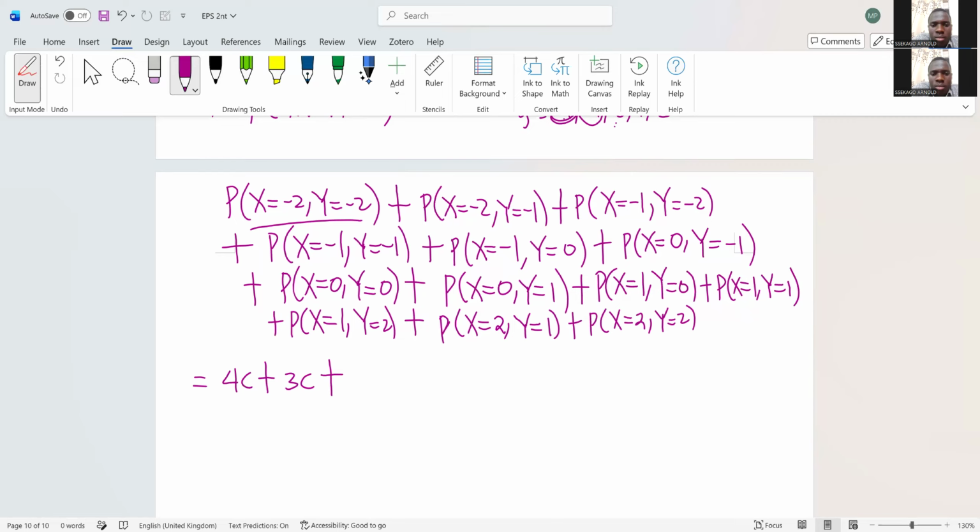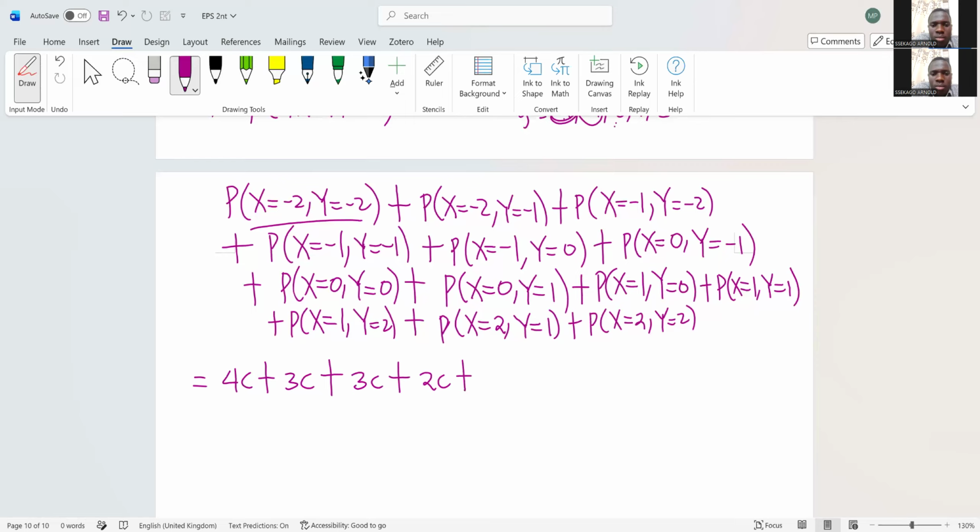plus X is -1, Y is -2, that is 3C, plus X is -1, Y is -1, that is 2C.